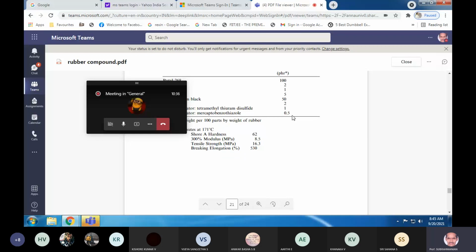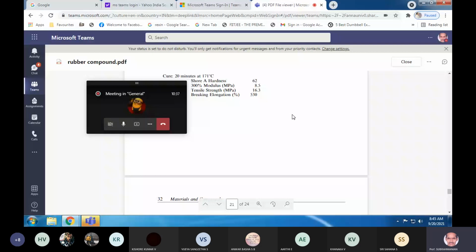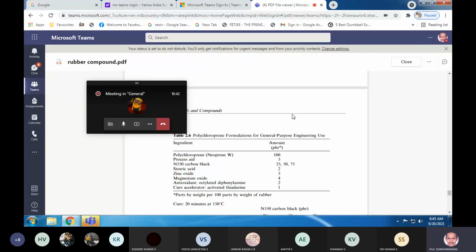Butyl rubber is also used in electrical insulation, and why? Because close to 97 to 98% of the backbone is saturated, and saturated means free from any active functional group that may interfere with the electrical insulation.